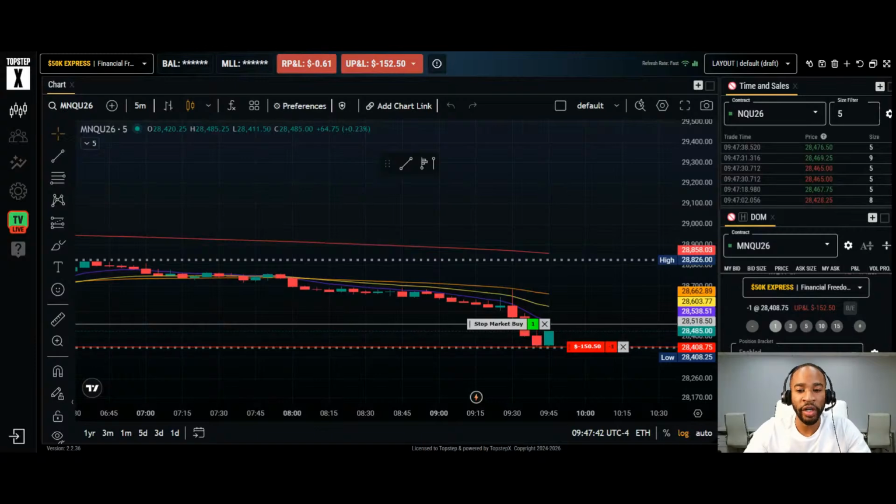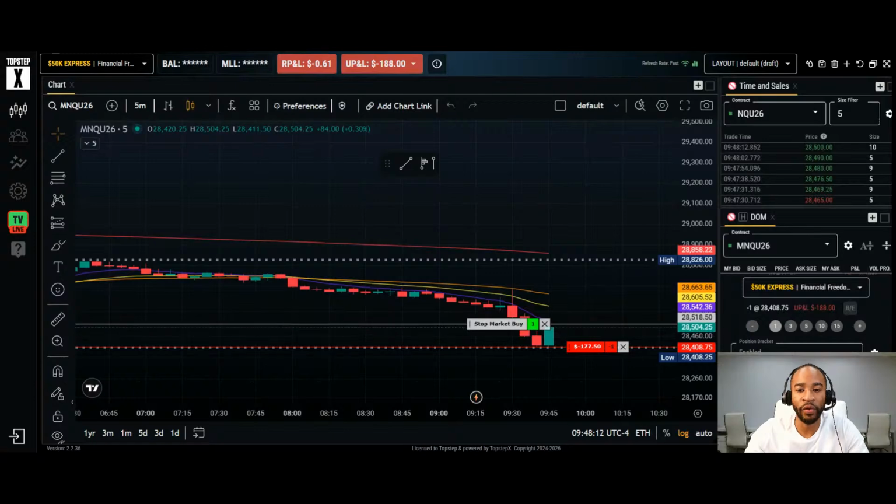When you're a professional trader, you want to be patient. And you want to also manage your emotions and keep a close eye on the EMAs and the moving averages on your chart. All right, so now I'm down $150. Possible reversal developing on our chart.